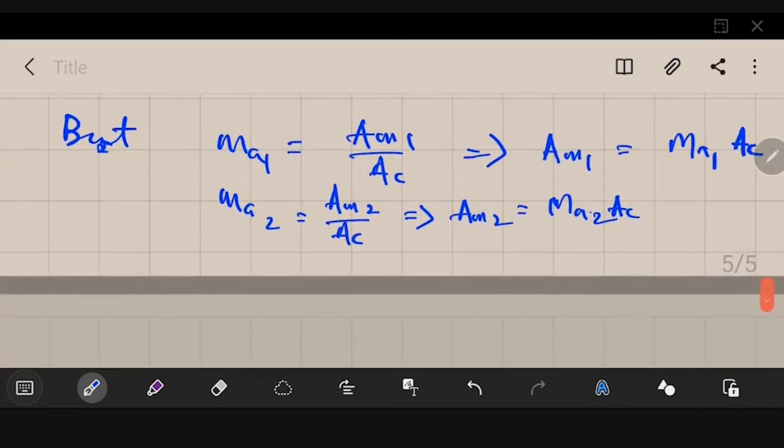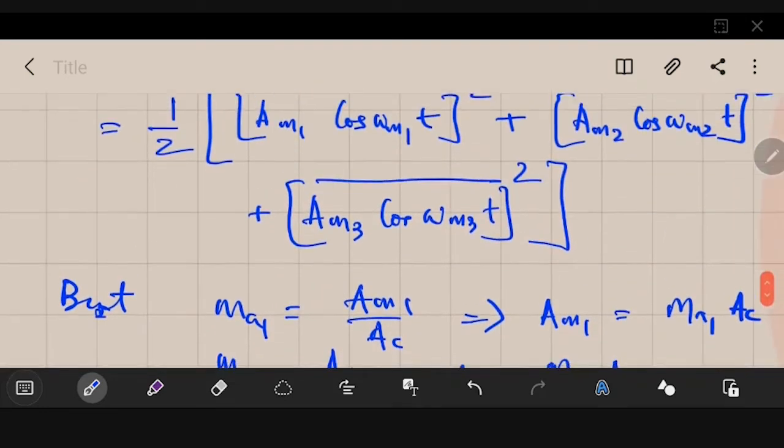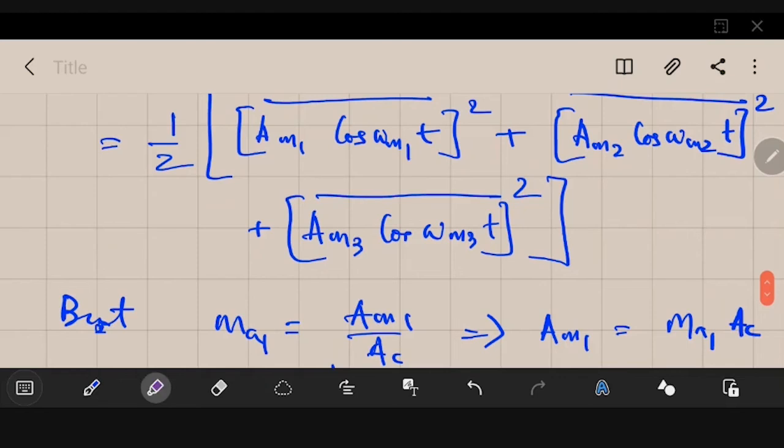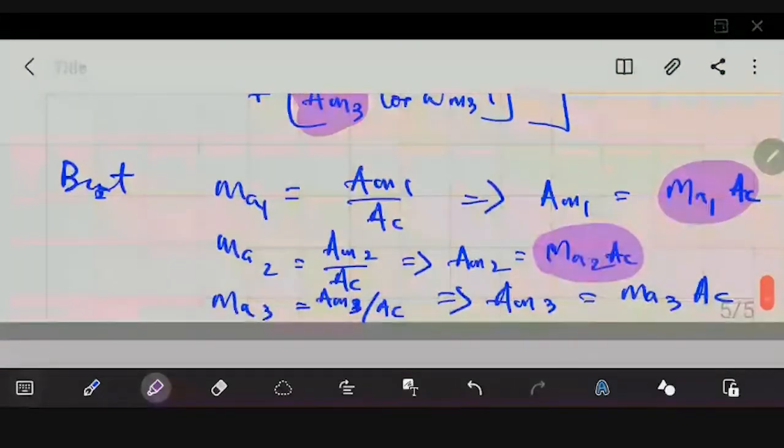Similarly, MA3 is equal to AM3 by AC, which implies that AM3 is equal to MA3 into AC. So in the above expression, wherever I have AM1, AM2 and AM3, I will be replacing them with these values.